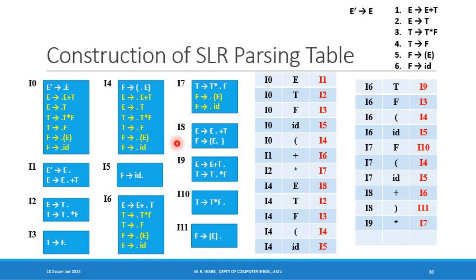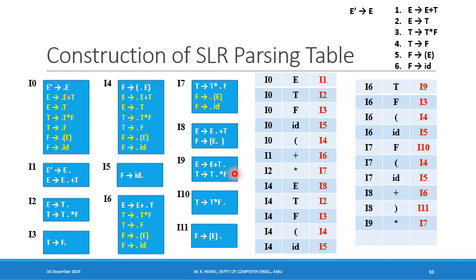I now move on to the I9 state. There are two items in the I9 state. In the first LR0 item, the dot is at the rightmost position, so there will not be any transition corresponding to the first LR0 item. Looking at the second LR0 item, after the dot I have the star, and there will be a transition from I9 on star.